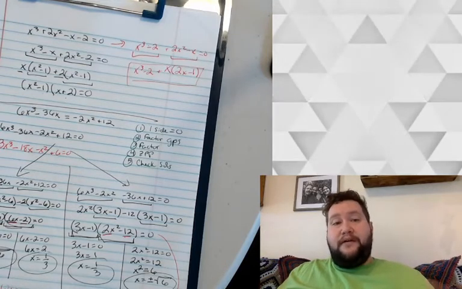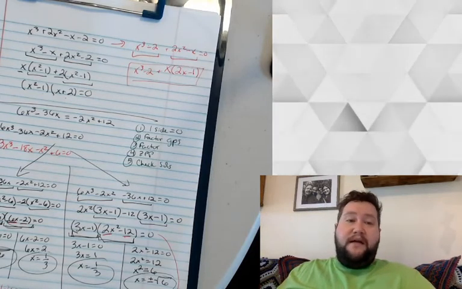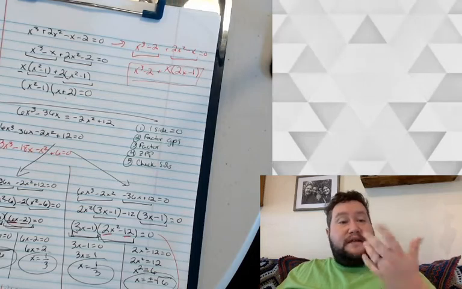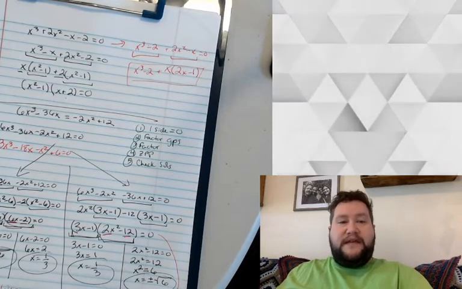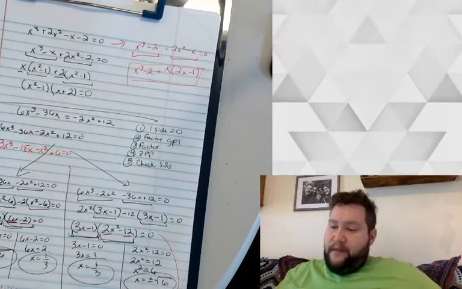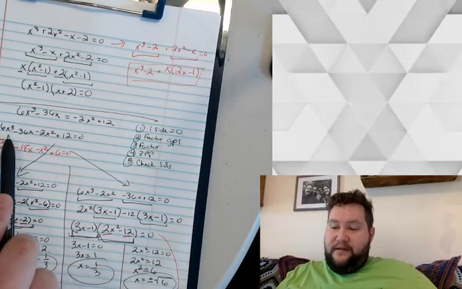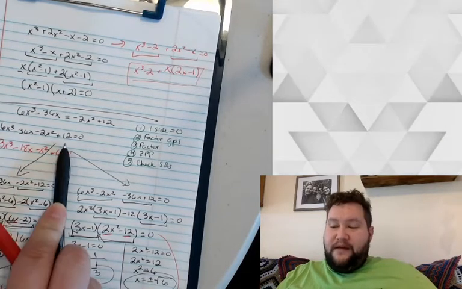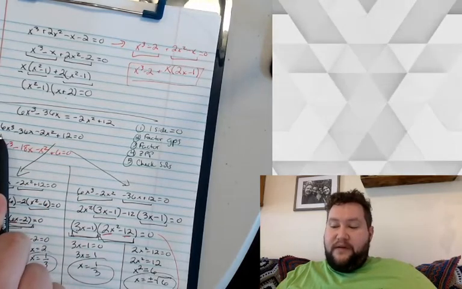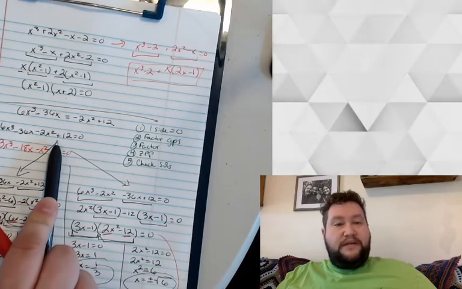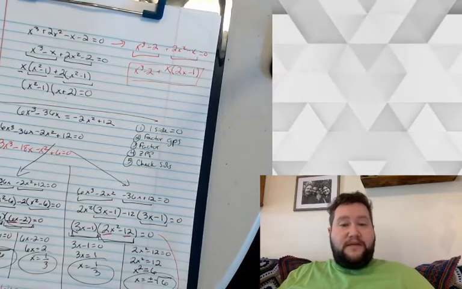Sometimes it's trial and error. Just try putting pairs together and see if that leads you somewhere. If it doesn't, try another pair. And at other times, it doesn't actually matter where you end up pairing. I mean, I guess it does here, right? Even in all of these cases, you couldn't put 6x cubed and 12 together, because if you took a 6 out, you'd have x cubed plus 2, and that doesn't reduce, and we're not going to magically get an x cubed in our x squared term.